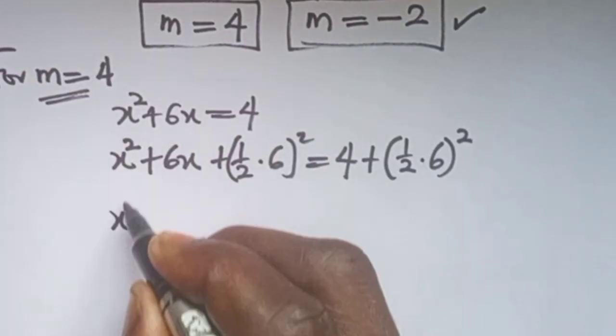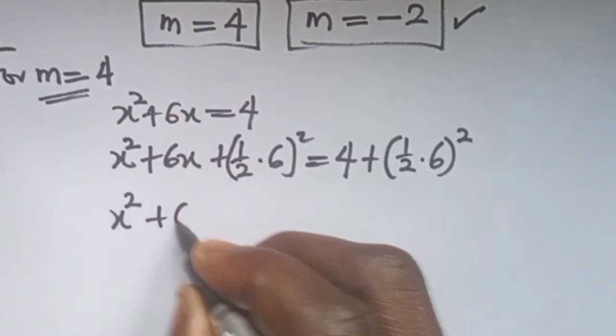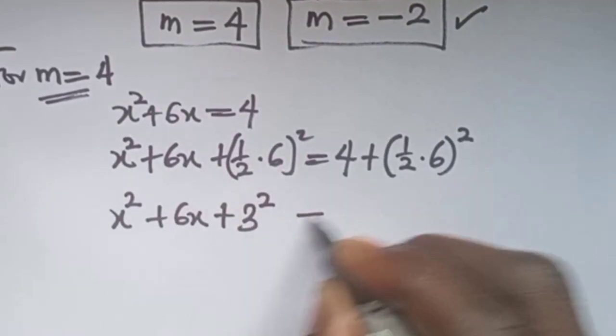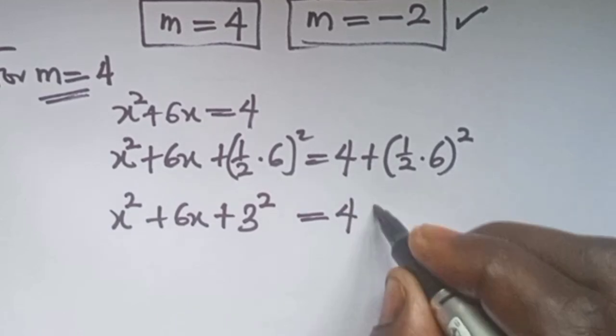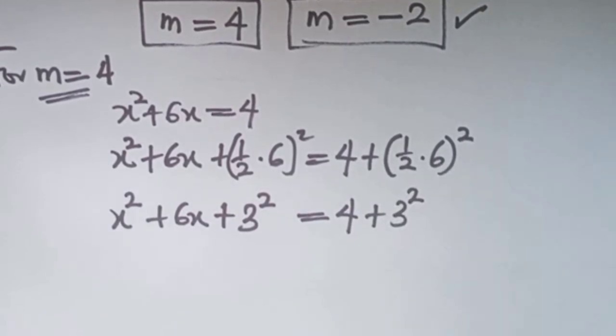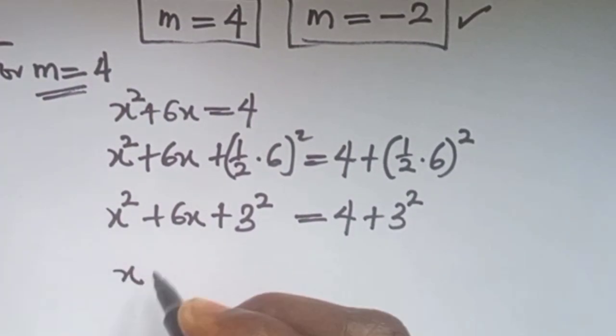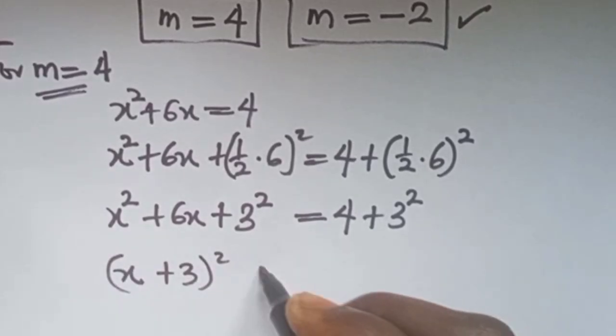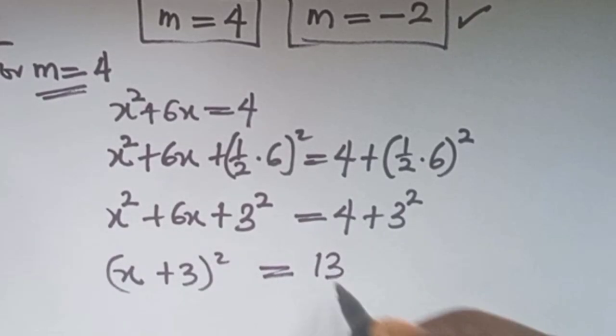This becomes x to the power of 2 plus 6x plus 3 to the power of 2 equals 4 plus 3 to the power of 2, and this is (x plus 3) to the power of 2 equals 13.